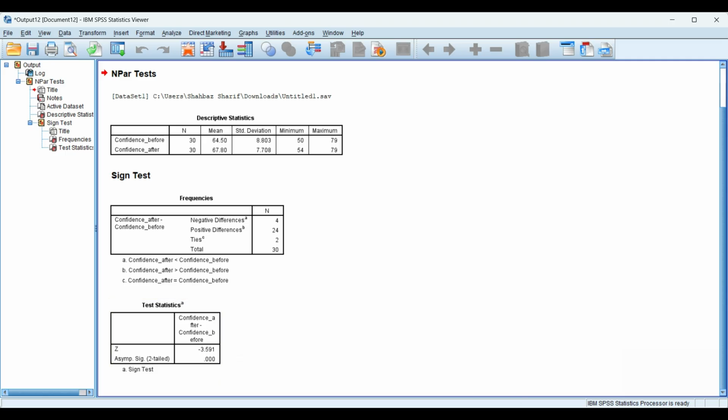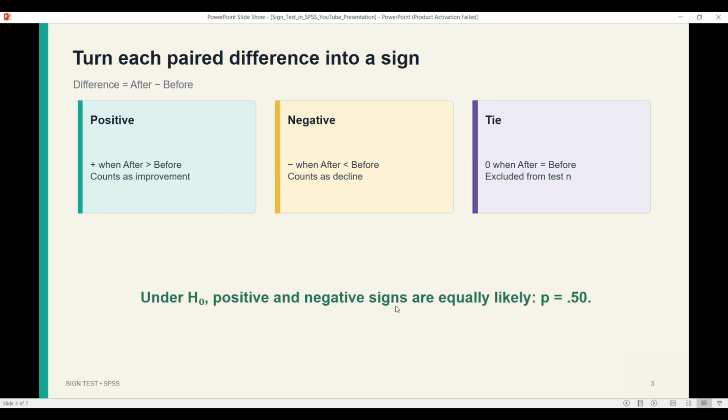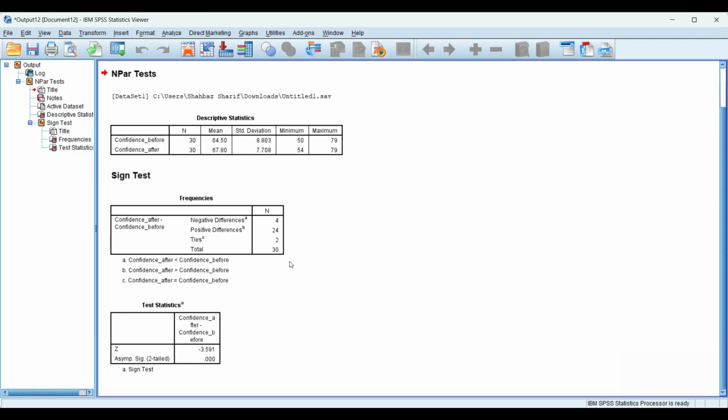In this case, we reject the null hypothesis, because the null hypothesis stated that positive and negative signs are equally likely, but in our case, the negative and positive differences are not equal, because most of the employees have higher confidence after training, almost 24. So that's why we reject the null hypothesis and accept the alternative hypothesis, because there is a positive change.